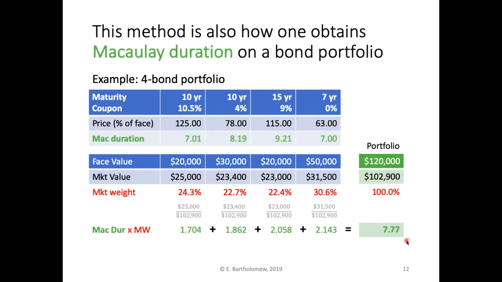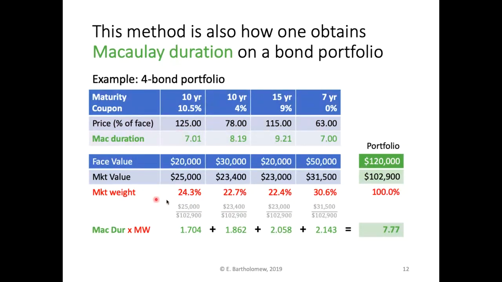Now it turns out we can also use the same weighted average sum to calculate the Macaulay duration of the bond portfolio if we want to do that. And this should make sense because Macaulay duration itself is a weighted average, a present value weighting, of the cash flows of the bond. So if we're looking at the Macaulay duration of a portfolio, we then do the market weight sum of the Macaulay durations.